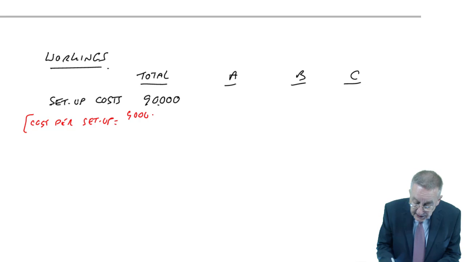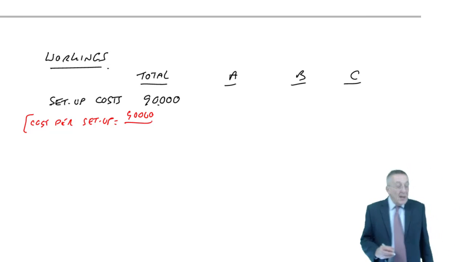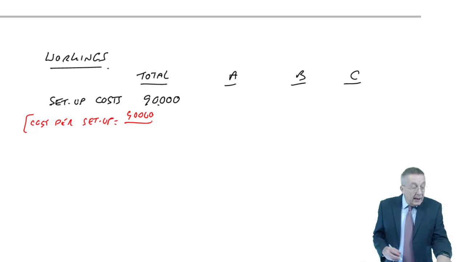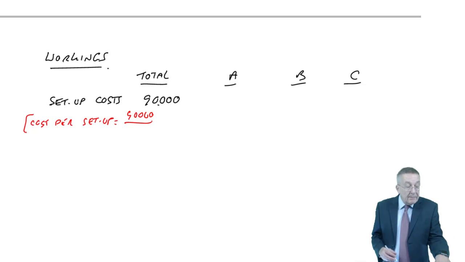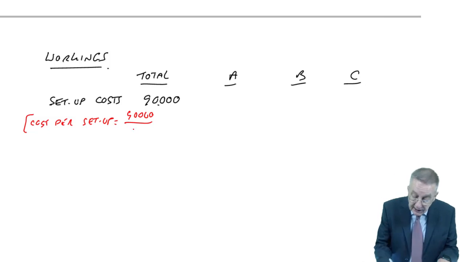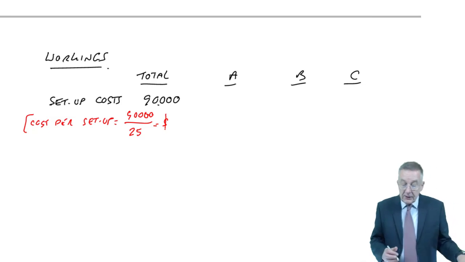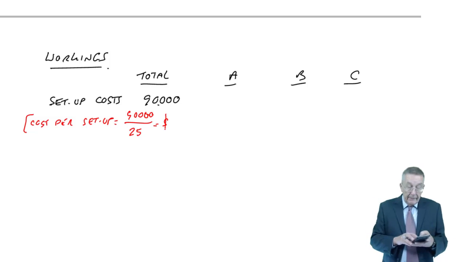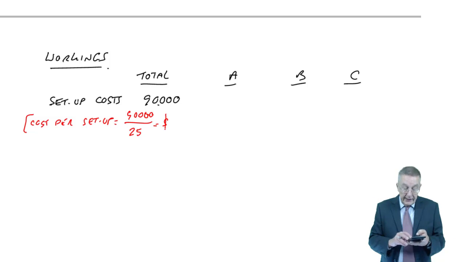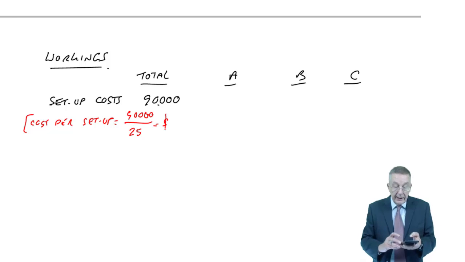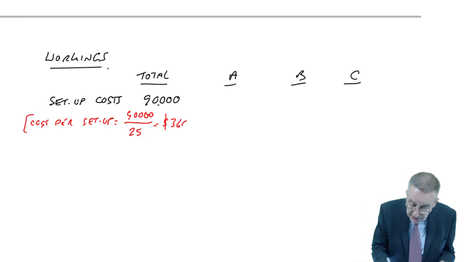We know it's 90,000 we're spending in total. How many setups are there? 10 for A, 13 for B, 2 for C. So a total of 25. And therefore the cost of each setup, effectively 90,000 divided by 25, is 3,600.